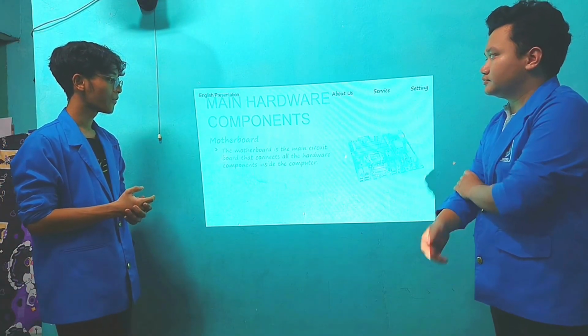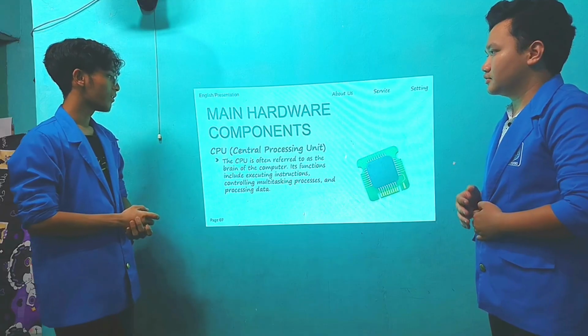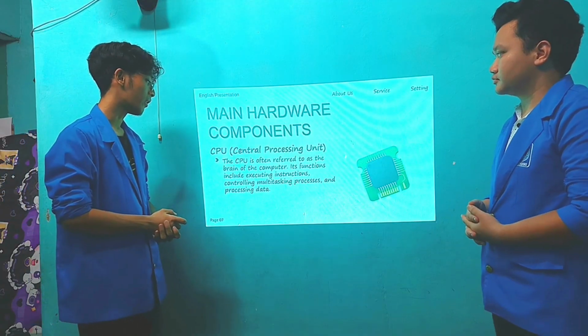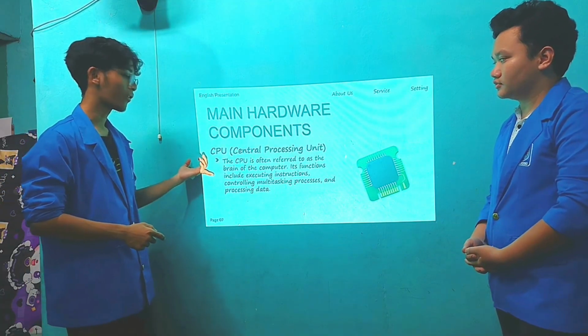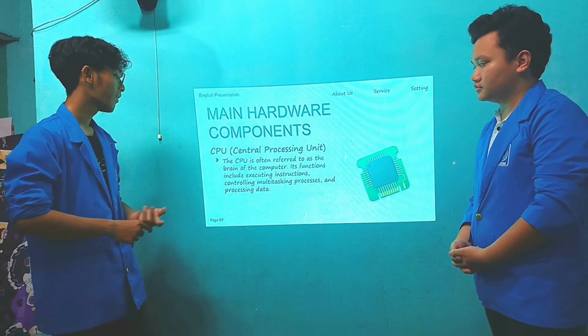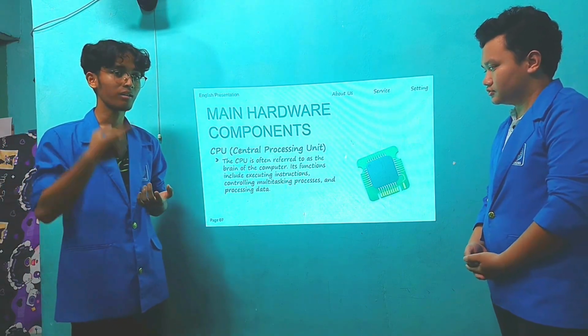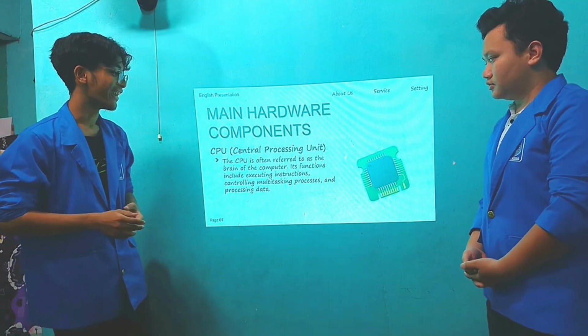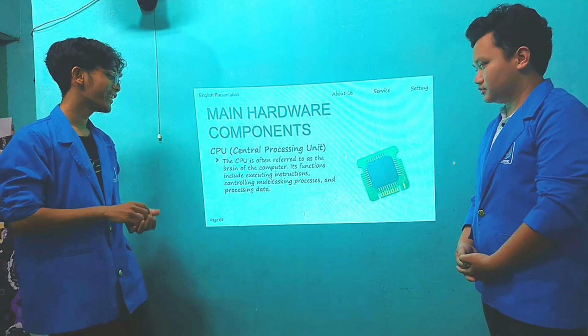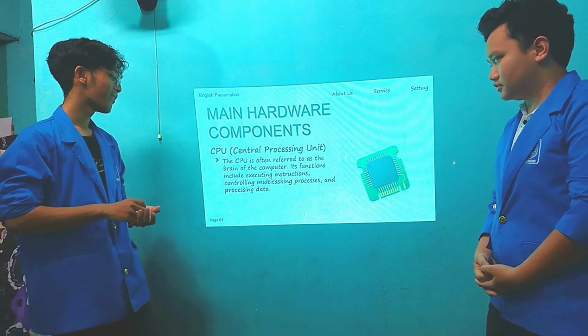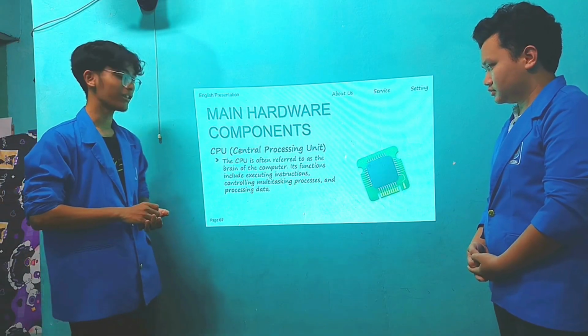Next. The second main hardware component is the CPU or Central Processing Unit. The CPU is often referred to as the brain of the computer. Its functions include executing instructions, controlling multitasking processes, and processing data.